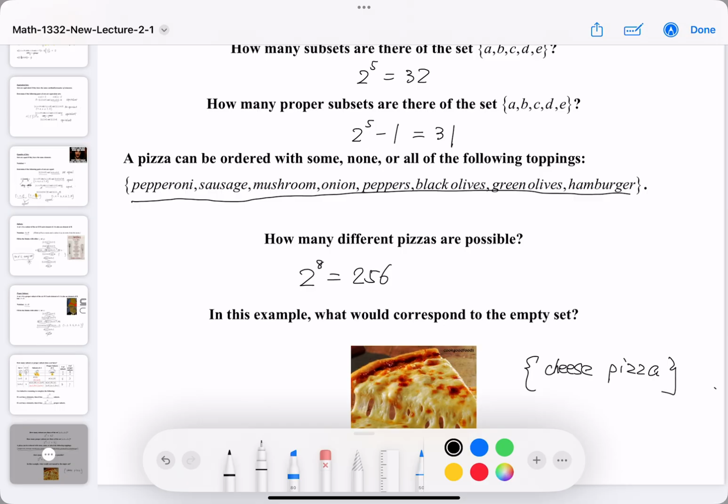So the cheese pizza is not inside, it is not an element of the set. So I'm going to say the cheese pizza corresponds to the empty set. All right.